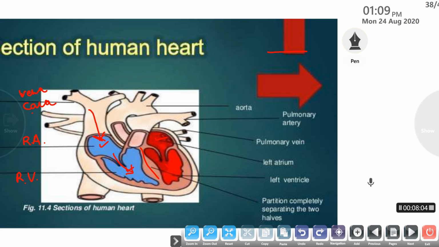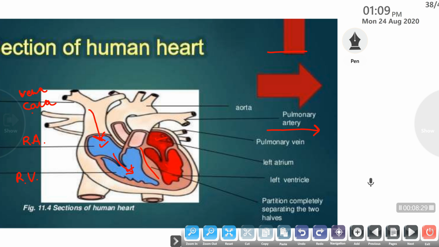Then this impure blood goes through the pulmonary artery to the lungs for purification. As I told you, all the arteries generally carry oxygen rich blood except the pulmonary artery, which carries the impure blood to the lungs. So the pulmonary artery transfers the impure blood from the heart to the lungs for purification.